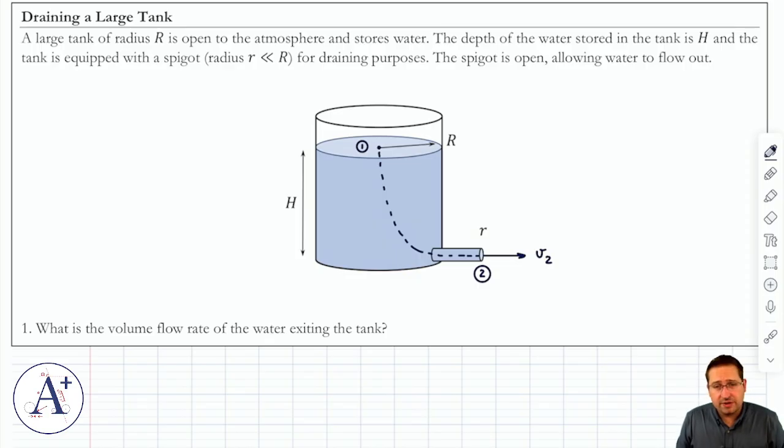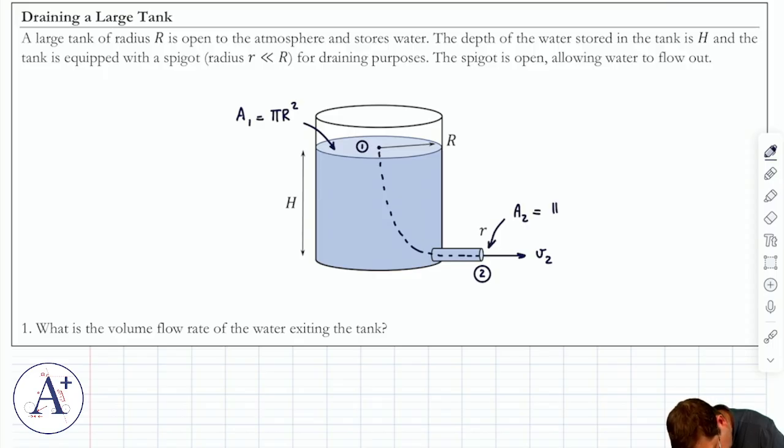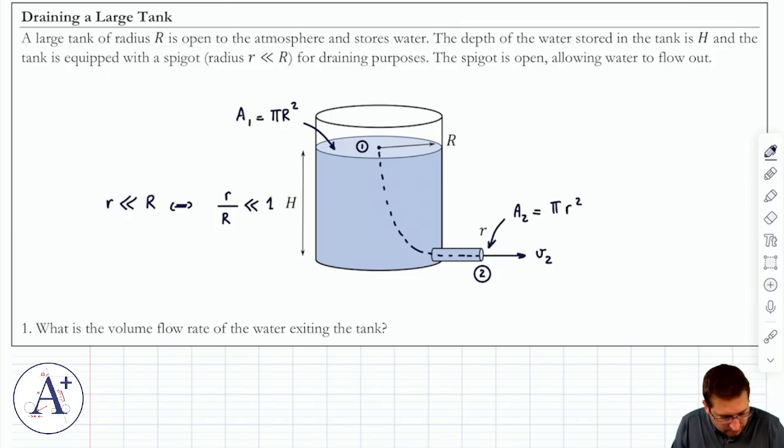If this is what I'm choosing for points 1 and 2, then the area here, A1, is pi R squared, and here the area A2 is pi little r squared. By the way, if little r is very small in front of big R, that means little r over big R is going to be very small in front of 1. It's going to be a very small fraction.